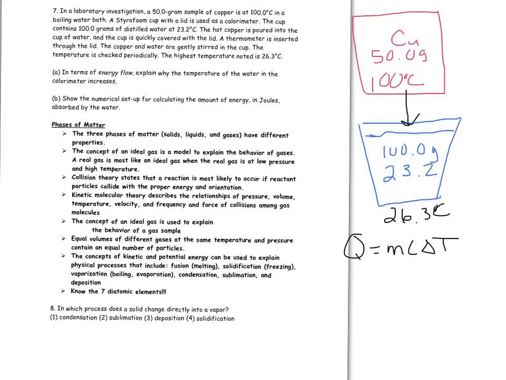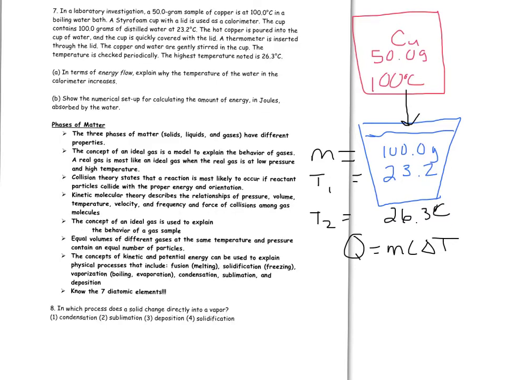So when we look at our diagram, what do we know? We're only concerned with water here, and the water's mass is 100 grams. We also know that the water's initial temperature, which I'm going to call T1, is 23.2, and its final temperature, which I'm going to call T2, is 26.3.